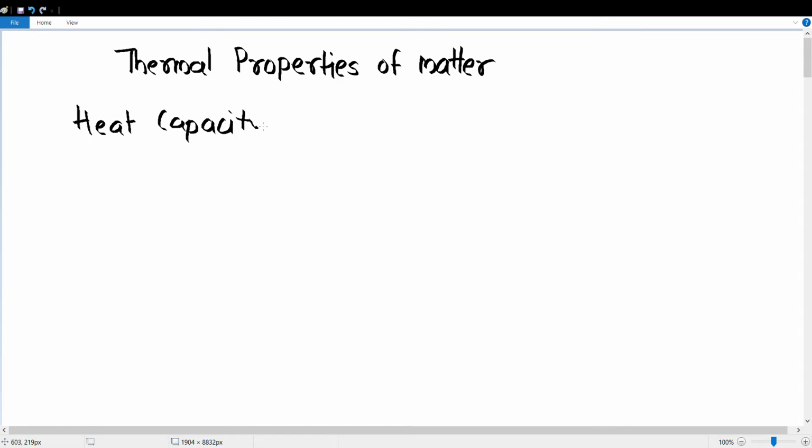Heat capacity is denoted by letter Q. Heat capacity Q is the quantity of heat which is needed to raise the temperature of a body through 1 degree Celsius, or which is needed to decrease the temperature of the body through 1 degree Celsius.